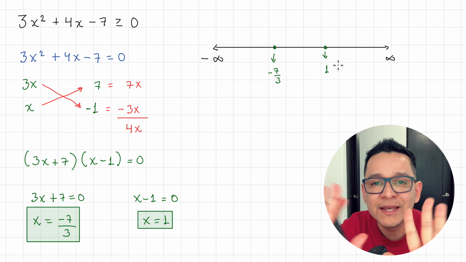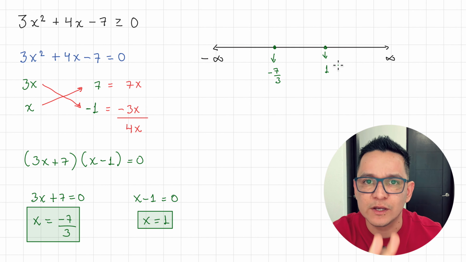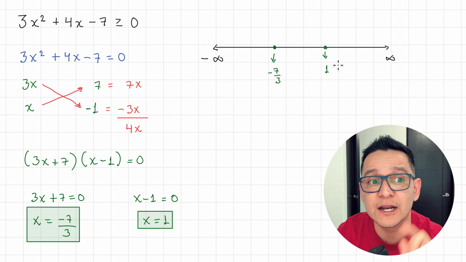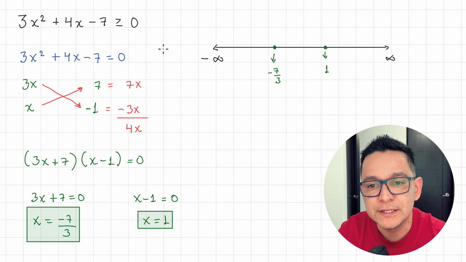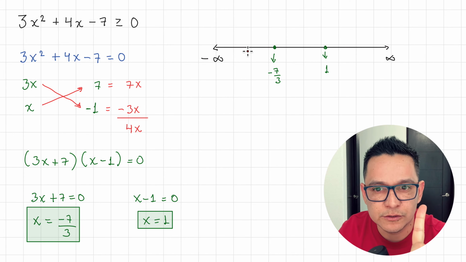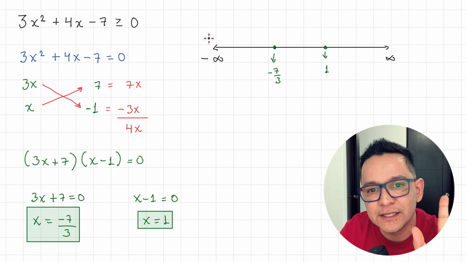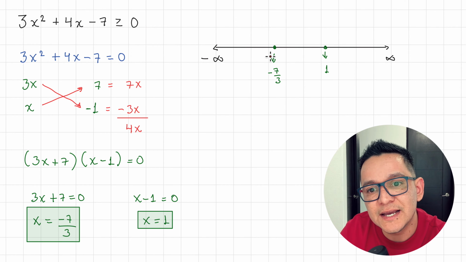We're all set now. I need you to forget about the quadratic equation for a moment, because now we're going to focus on our inequality, that is, on the main problem. It's important that you recognize 3 intervals here. The first interval will be all the values of x that go from negative infinity up to negative 7 over 3.